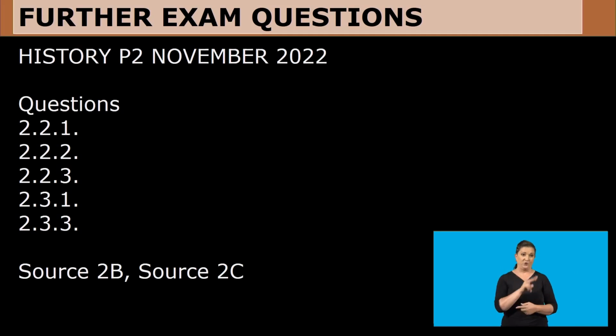So these are the questions 2.2.1 all the way to 2.2.3 using sources 2B and 2C, just to help you understand how to apply these very important skills and exam techniques so that you are successful in your exams. I hope today's lesson has helped you understand how to analyze questions in history, how to answer questions in exam situations so that you do very, very well.